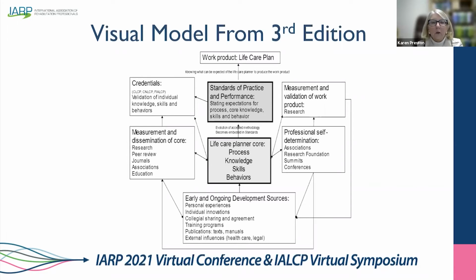And through all the arrows, we can see how those standards then help the profession to develop other kinds of programming, from journals to research to credentialing, and how all of those feed back in then to the continued evolution of the standards.